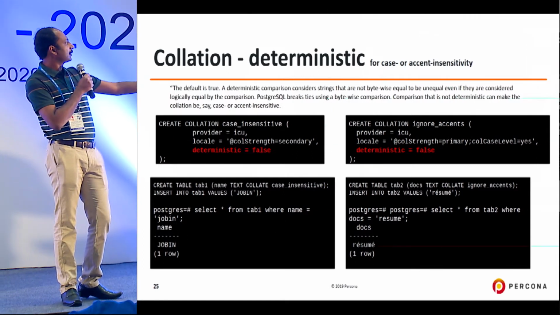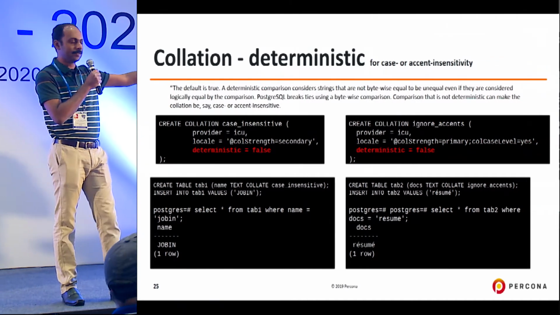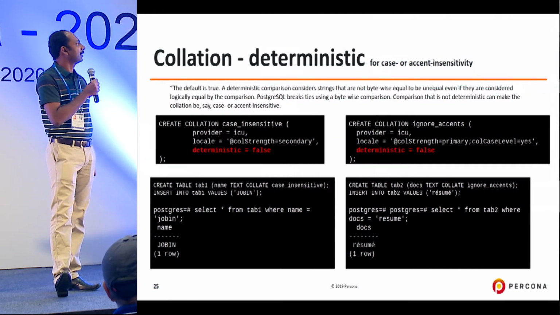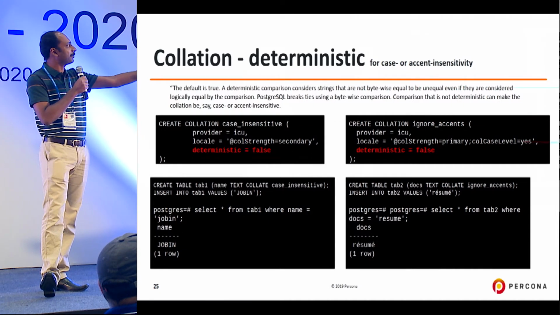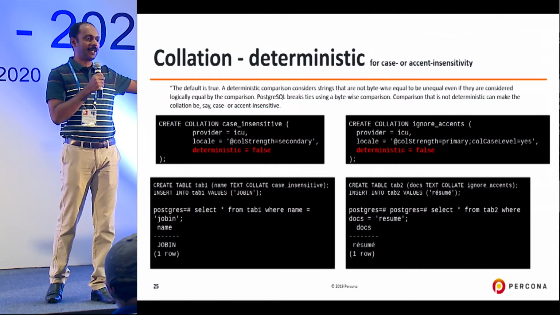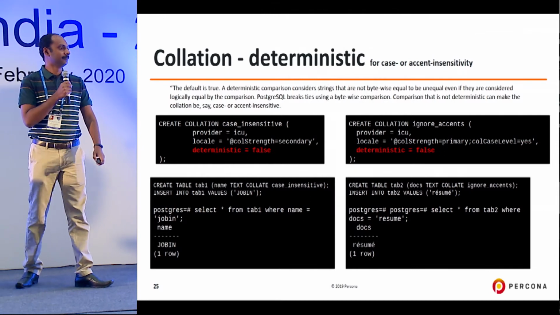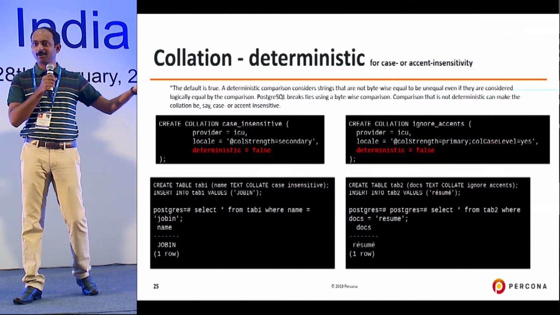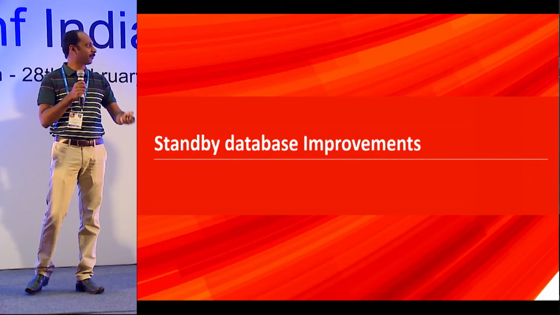So we can create custom collations. Postgres introduced these ICU libraries a couple of versions back, and now we can have all those ICU related parameters specified in the collation so that we can leverage everything in the ICU. So you'll get the same behavior as MySQL or other databases in Postgres, so applications are portable.